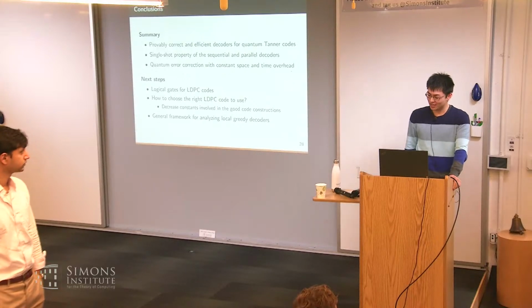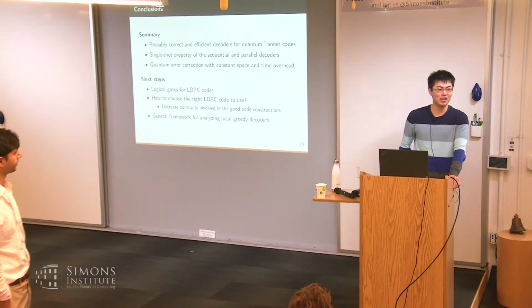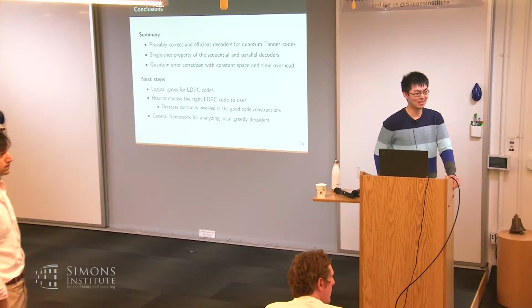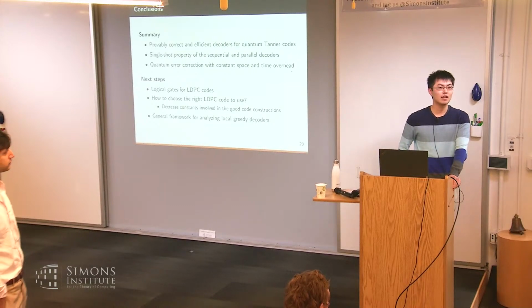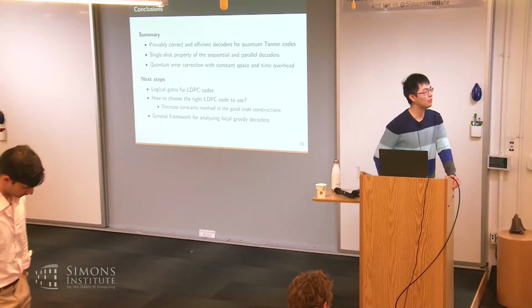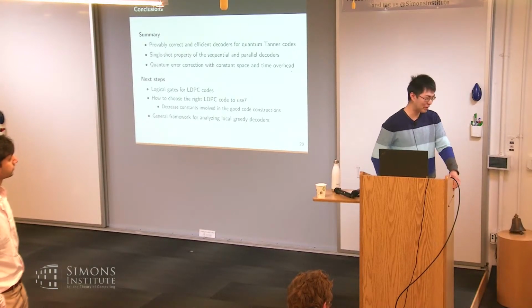Right. A lot of the results here have some constants involved, and we don't know the comparisons between different codes in terms of the constants. But if this single-shot property is reducing the distance by a lot, maybe it is better to repeat multiple rounds, maybe not single-shot.